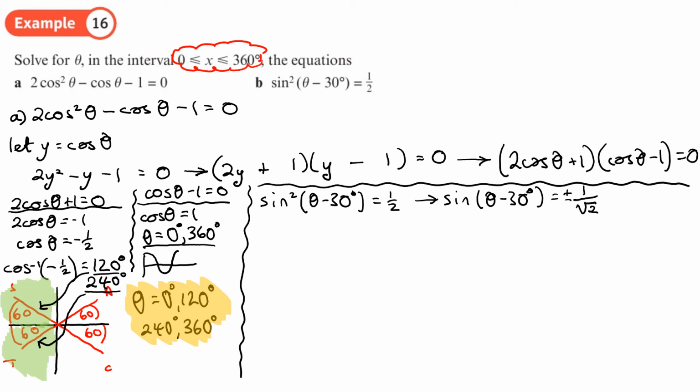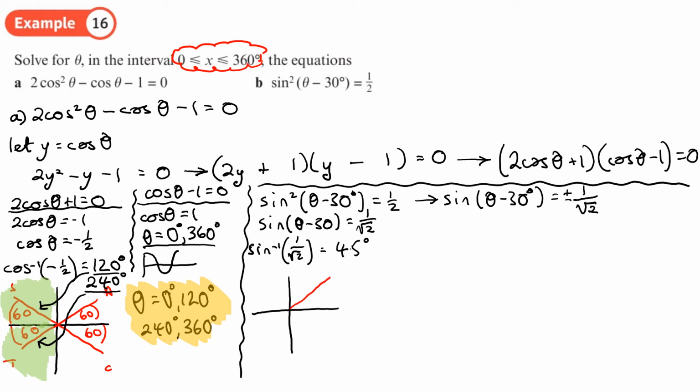So let's start with sine of theta minus 30 is equal to the positive 1 over root 2. So sine inverse of 1 over root 2, the positive one. Let's do that. We get 45 degrees. CAST diagram, see if there are any other solutions. 45 degrees is going to be here.